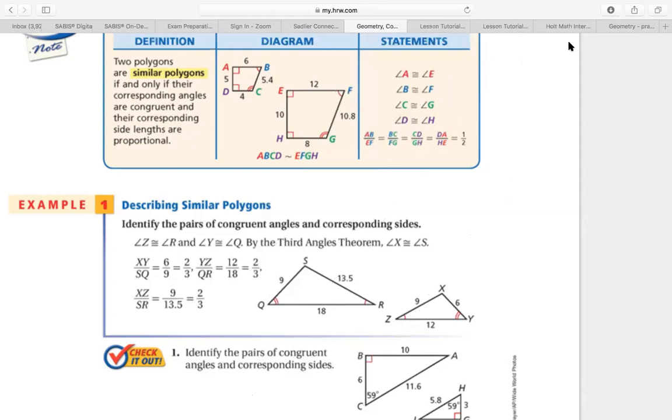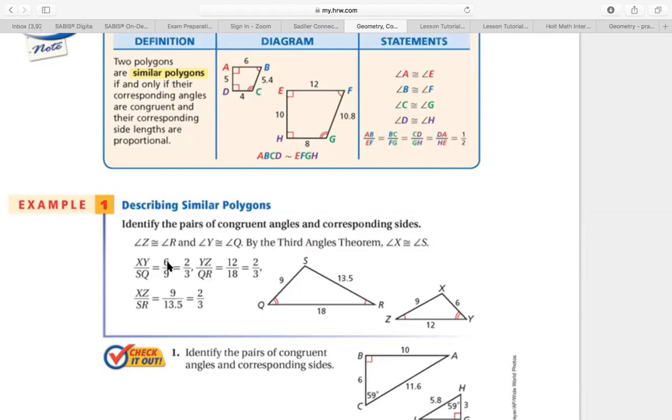Okay, girls, let's go back. X and S. Let's take first Z and R. The side corresponding to Z is XY, and the side corresponding to R is SQ. The measure of XY is 6 and the measure of SQ is 9. 6 divided by 9, I will simplify. What is the meaning of simplify? I will divide by a number that is divisible by both.